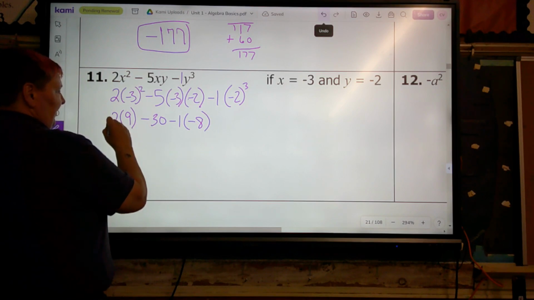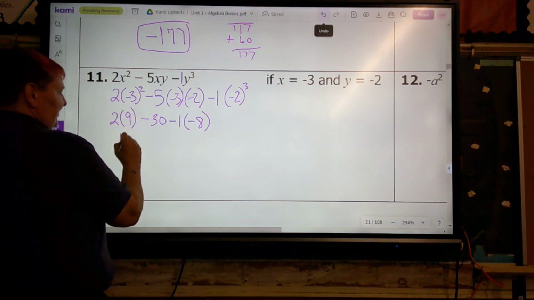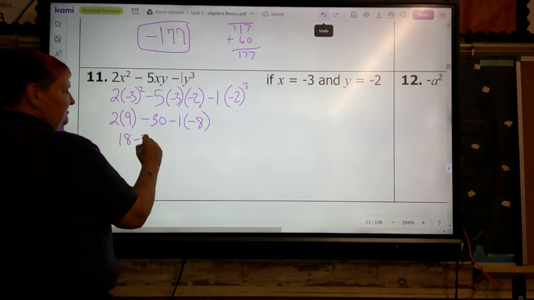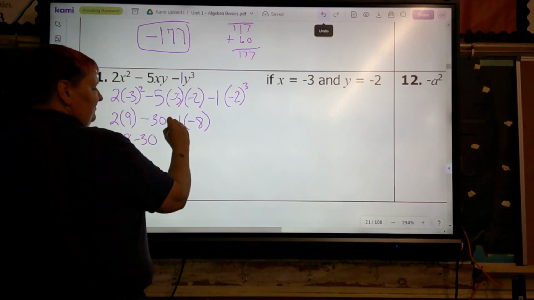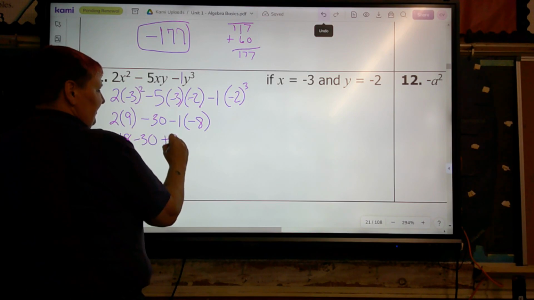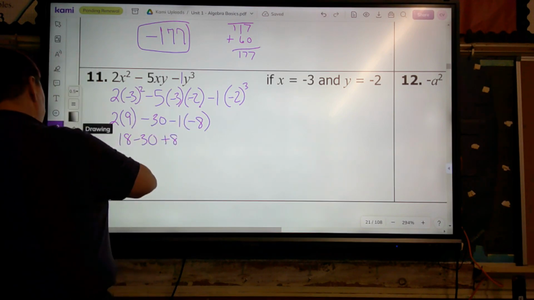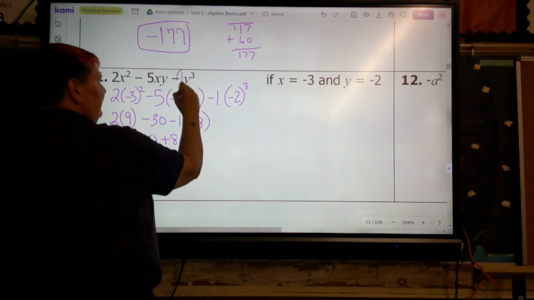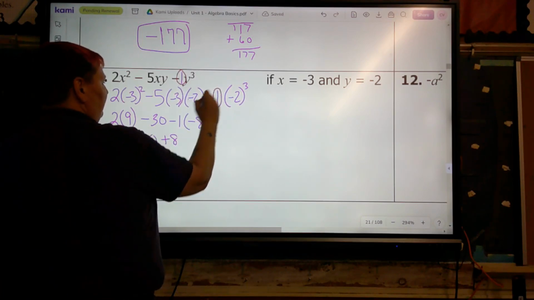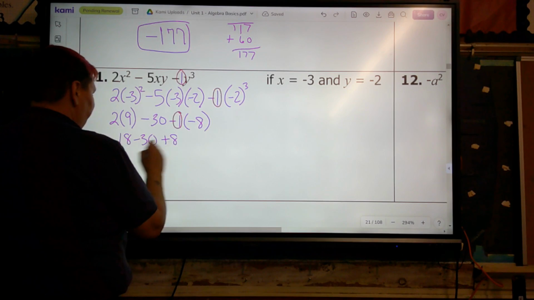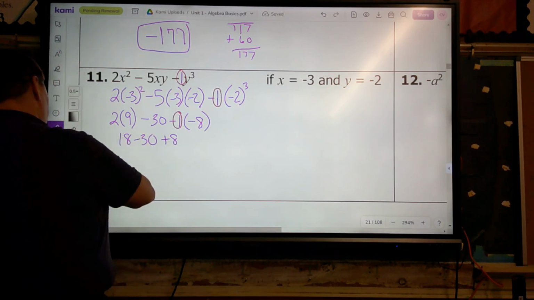Alright, so we have 2 times 9, which is 18, minus 30, negative 1 times negative 8 is positive 8. If you had forgotten this invisible 1 right here, you would have forgotten it here and here, and you would have changed your answer.